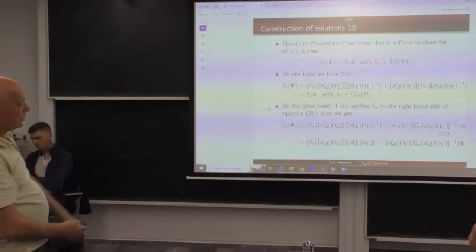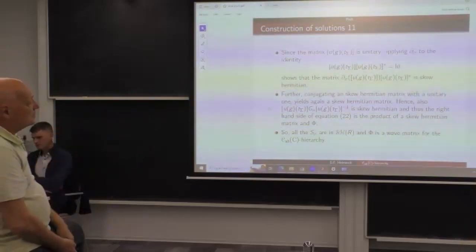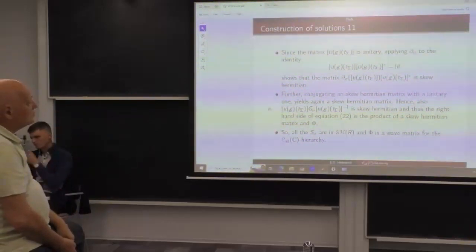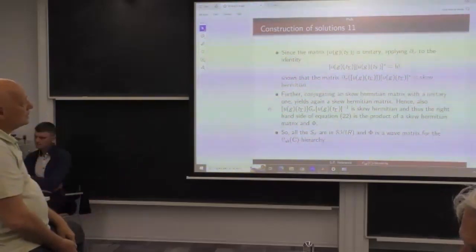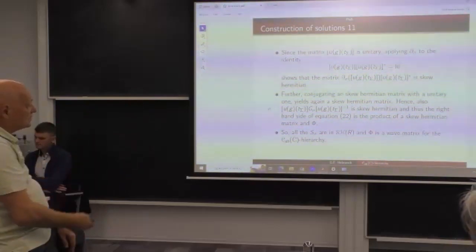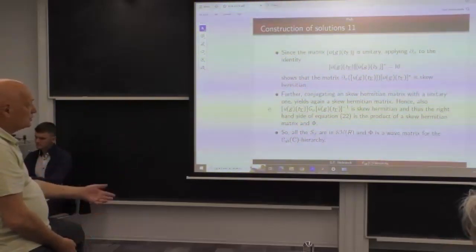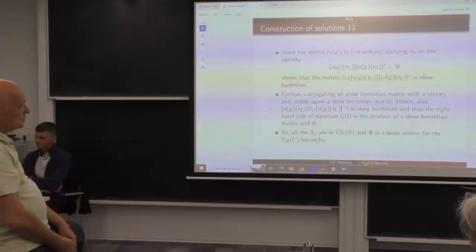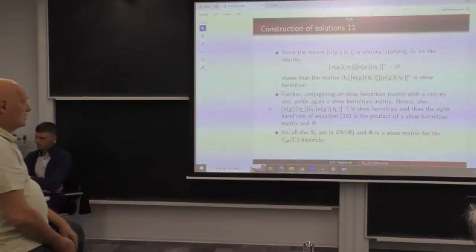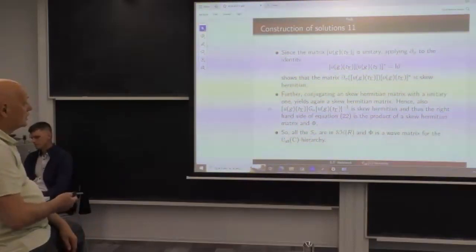Now, for the first part, that holds also if you differentiate this part with respect to the partial sigma, then you get that this matrix is also skew hermitian. So I get that it is skew hermitian and belongs to pseudo difference operators, so it is in this SHR subspace. And what we know, phi is a wave matrix for the hierarchy.